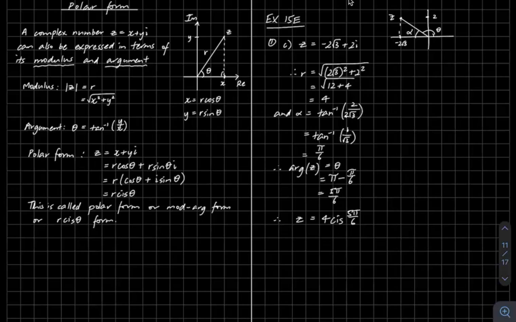Now I should just say one more thing here before I mention a couple of other results, and that is that there are, of course, an infinite number of possible arguments, because we can just go coterminal angles.